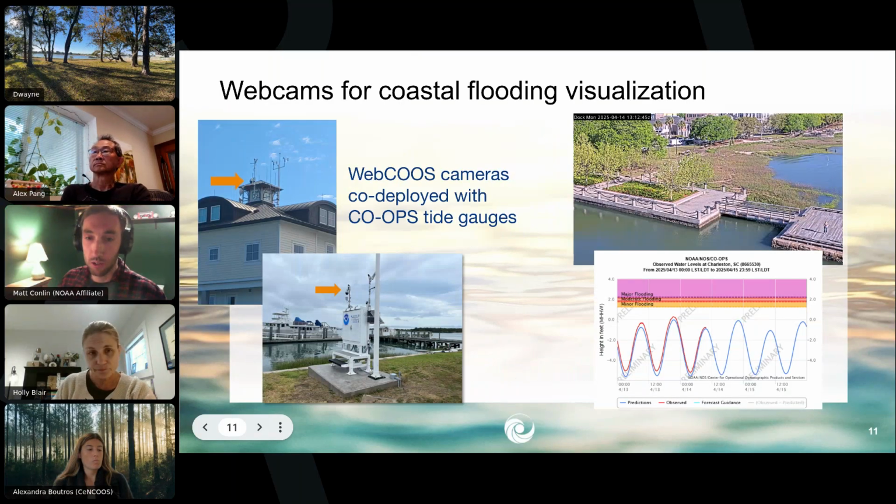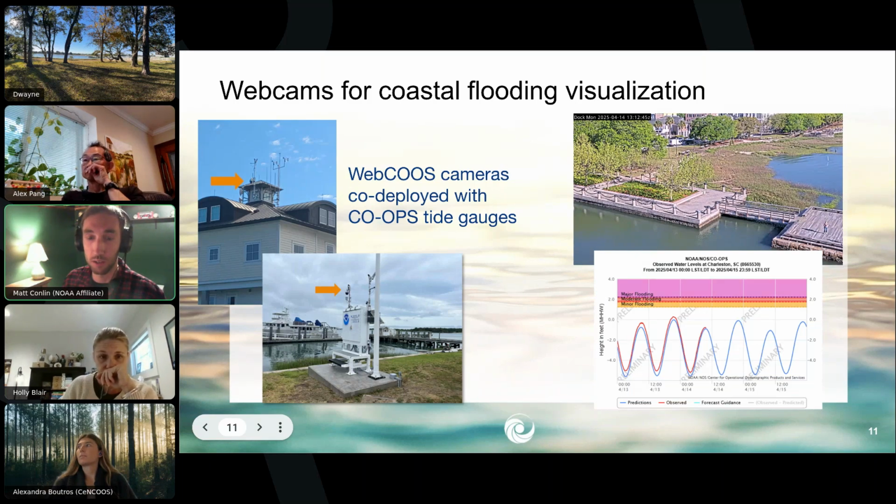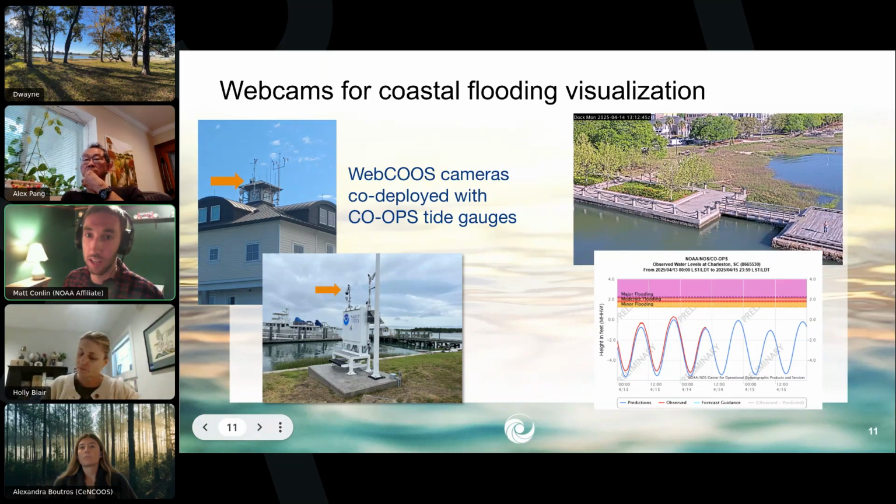So I'll start with a broad overview of what we're working on, which ties into the more specific things that others will get into in a bit. As I think many of you are probably aware, NOAA's Center for Operational Oceanographic Products and Services, CO-OPS, deploys and maintains tons and tons of tide gauges all around the country.